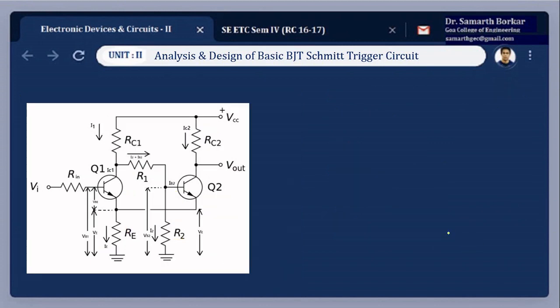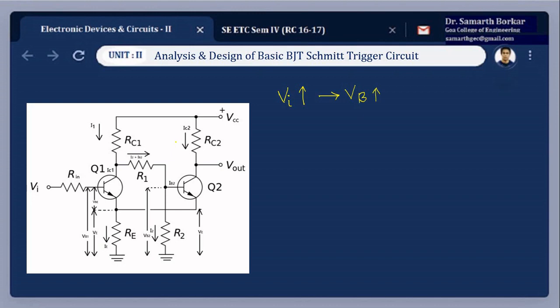Now, as the input signal Vi applied at the base of the first transistor increases, the voltage at the base of the transistor will increase.